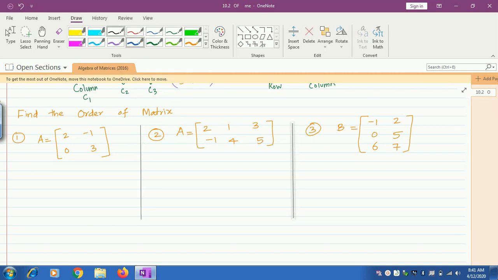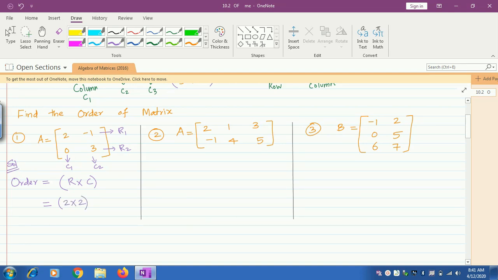Okay, the solution is given by, here I have to write the order. What is the order of this matrix? How many rows do you have? This is R1 and this is R2. And similarly here we have C1, C2, 2 columns, 2 rows. So I can write it as row cross column, that in turn implies it is 2 cross 2.